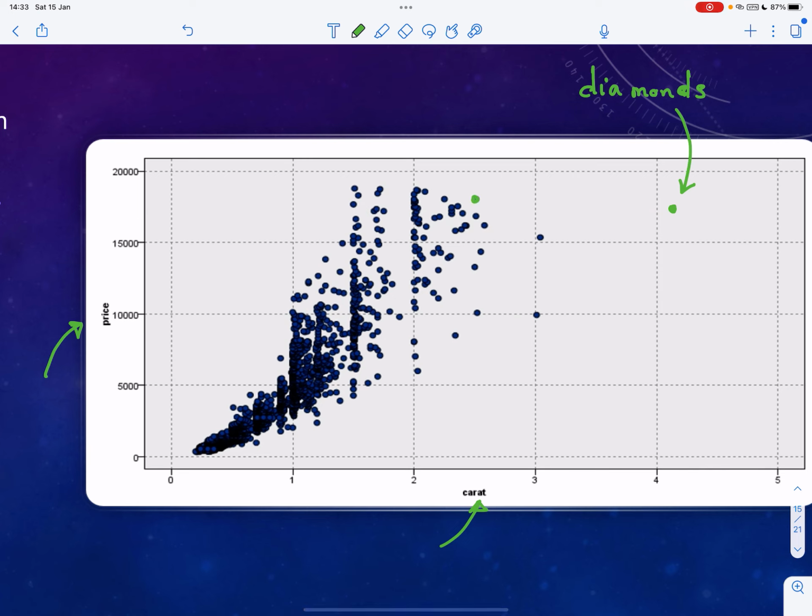And the location of each item is based on the horizontal location and the vertical one. The horizontal is carat, the vertical is price. We are studying the relation between carat and price through this plot.